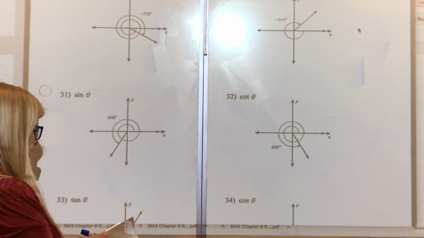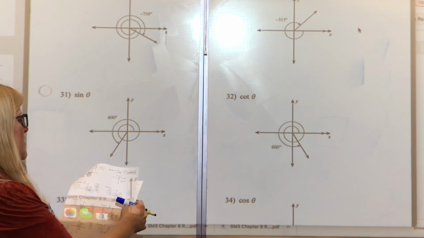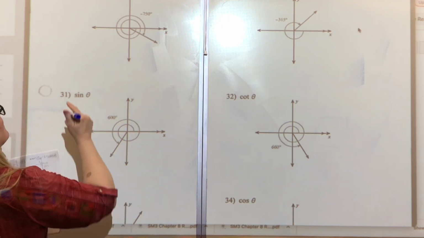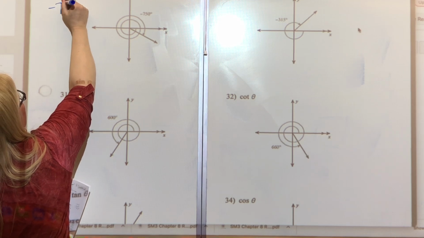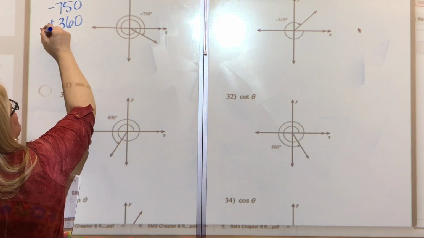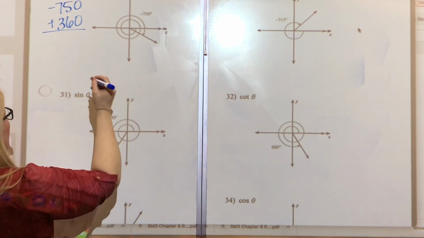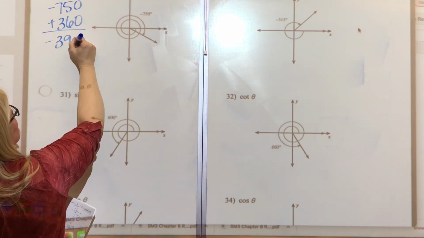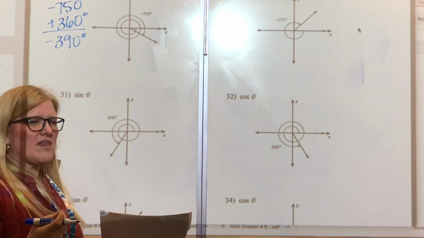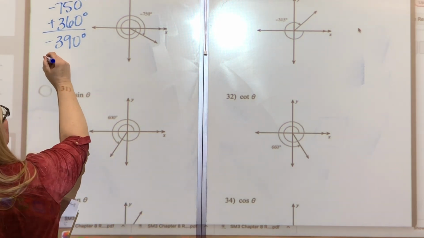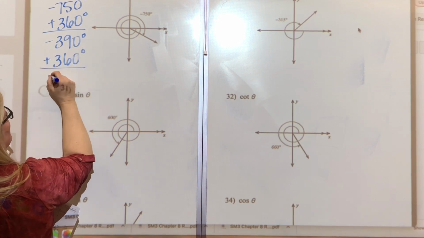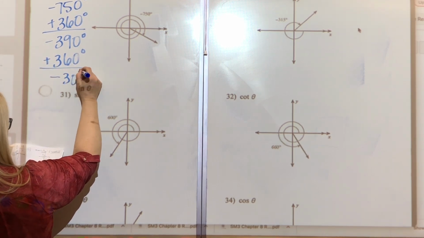So I am going to kind of unwind it. So I'm going to add 360. That gives me -390. These are all degrees. And that still doesn't help me that much, so I'm going to unwind it again. And this gives me -30 degrees.